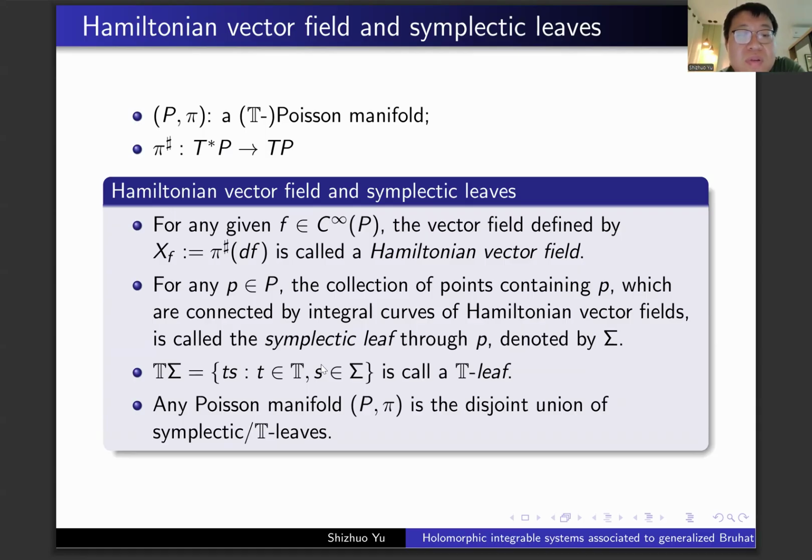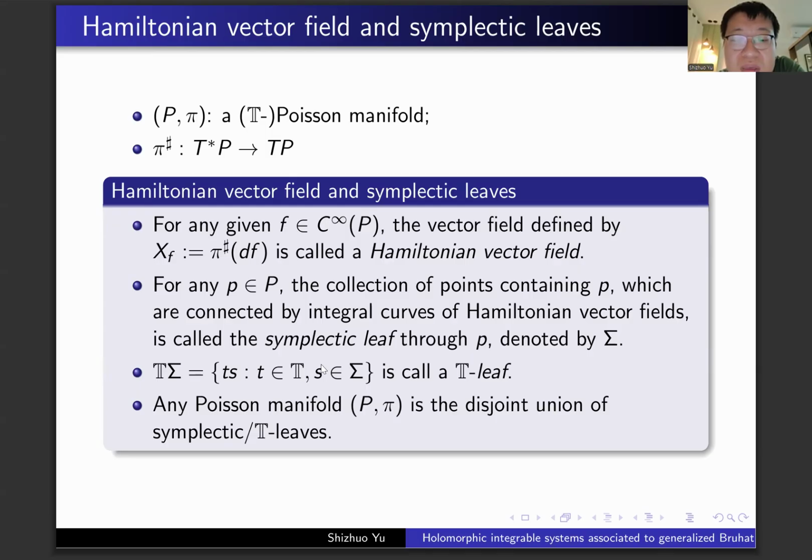For a Poisson manifold and a given pi sharp, based on these Poisson structures, we can define a vector field, the so-called Hamiltonian vector field, by the Poisson bracket. And then we can also define an equivalence class by this Hamiltonian vector field.